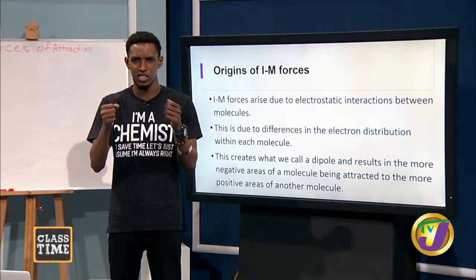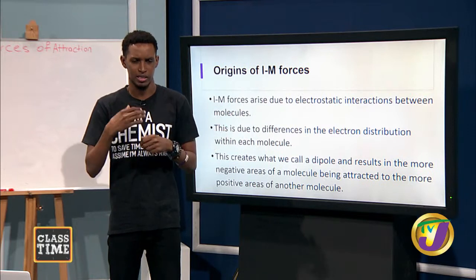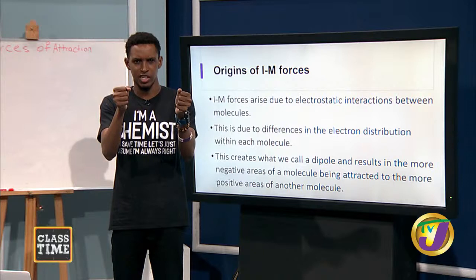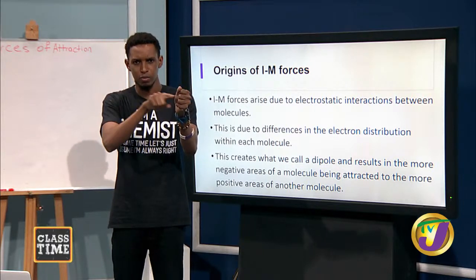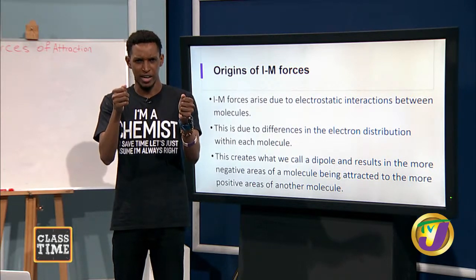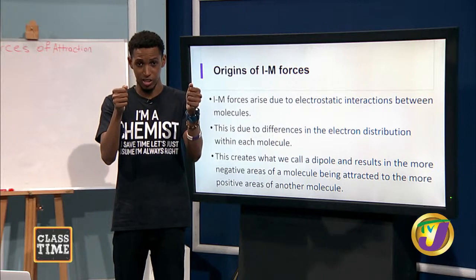For instance, HCl. I'll use HCl again in an upcoming slide. You have chlorine here, you have hydrogen here, and there's a bond between the two. Electrons are being shared. We know that chlorine, a halogen, is a lot more electronegative than hydrogen.